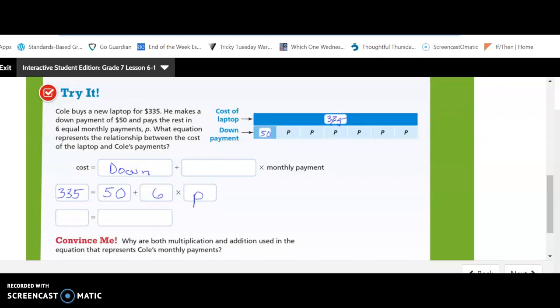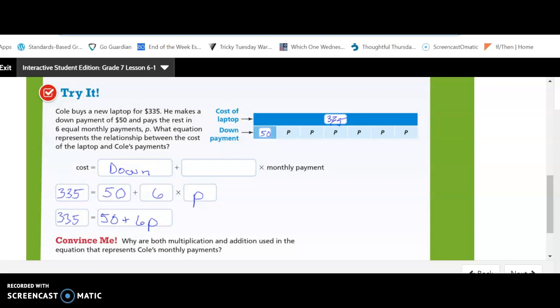I paid a certain amount each month for 6 months. And so when we write this as an equation, we can say 335 equals 50 plus 6p. And in our next lesson, we'll work on solving these equations that we write.